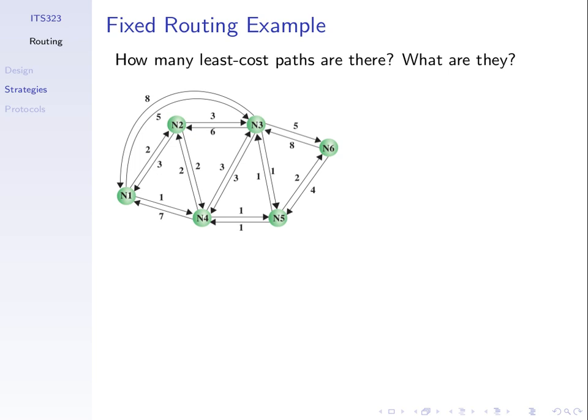6, 5, 4, 2, 1, if we know that's the least cost path, then to get from 6 to 2, that must also be the least cost path via 5 and 4. Because if this was a least cost path from 6, 3, 2, then from 6 to 1, a lower cost path would be 6, 3, 2, 1. But we know that's not the case. So, given 6, 5, 4, 2, 1, we know the following information.